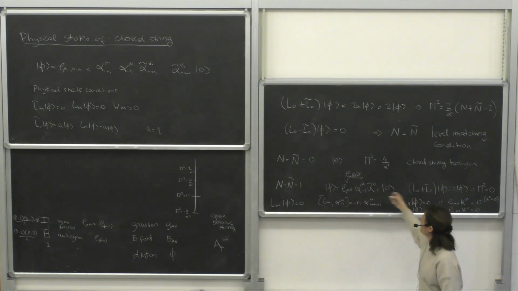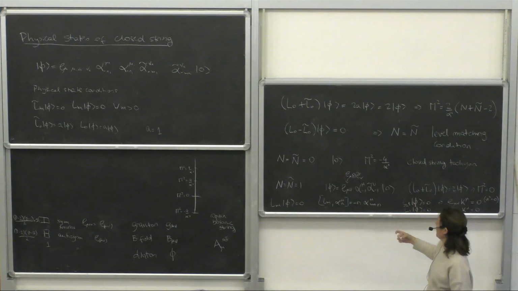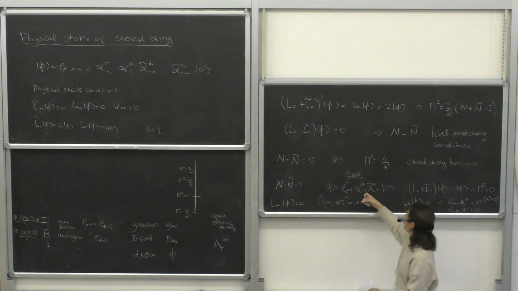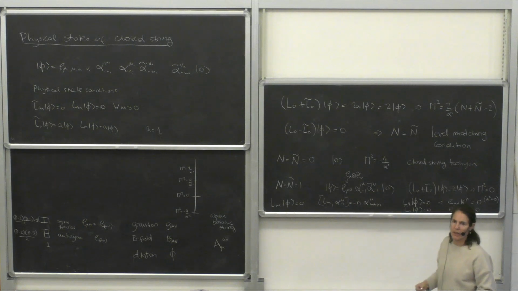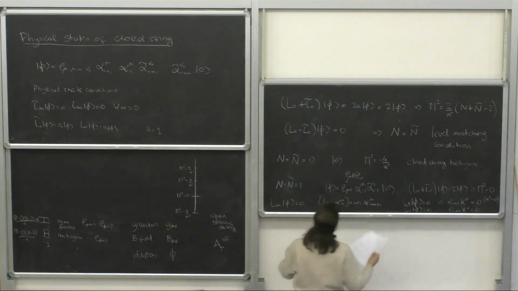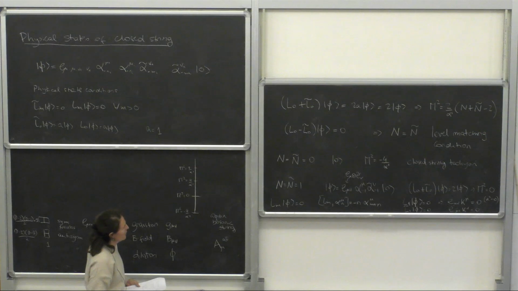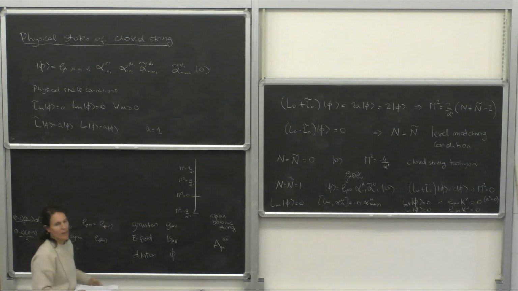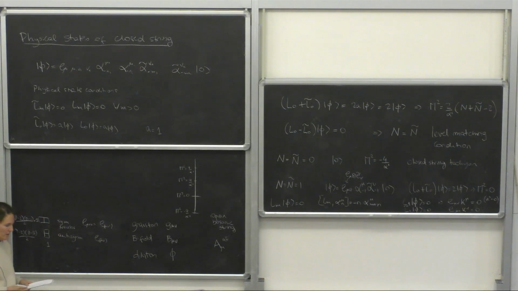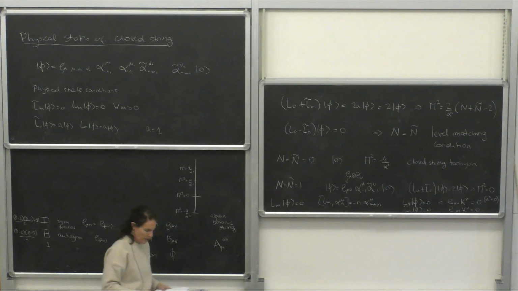So if you do L2, then you commute, and once the L2 acts on here, it annihilates, and then when commuting, you end up with an alpha 1, and that annihilates. I guess you can do it iteratively. Yeah, it's easy to show that all the others are satisfied automatically.